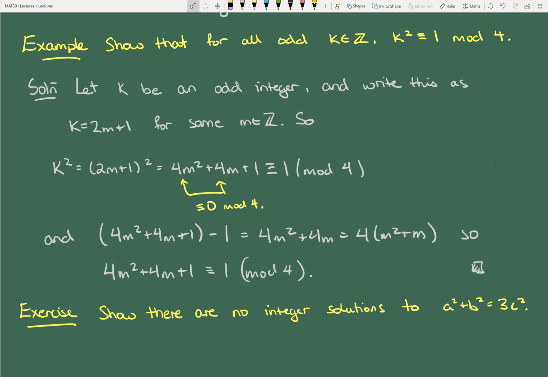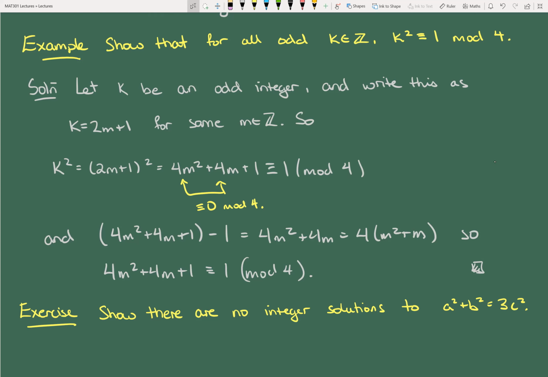Yeah, exactly. Great. So the square of an even integer is always congruent to 0. The square of an odd integer is always congruent to 1. So no matter what integer you have, when you square it, the square is always congruent to 0 or 1 mod 4. And that's going to be a little bit helpful.